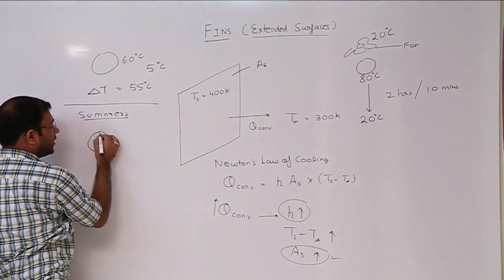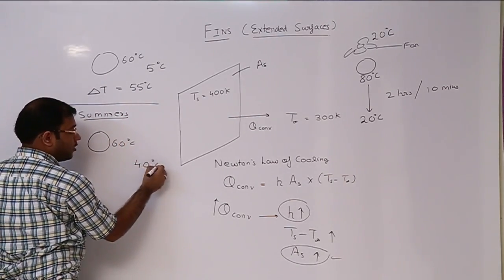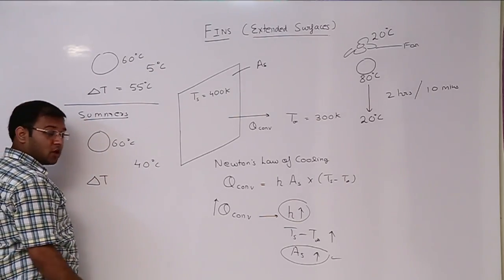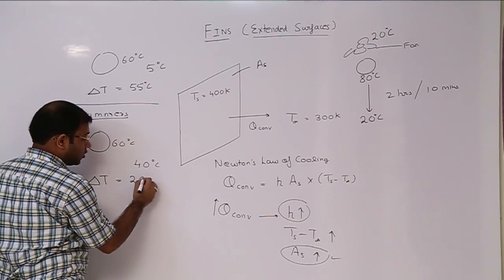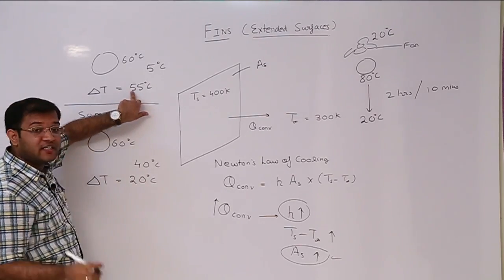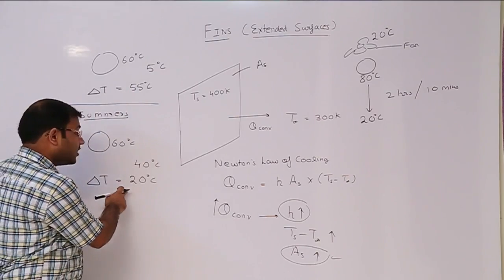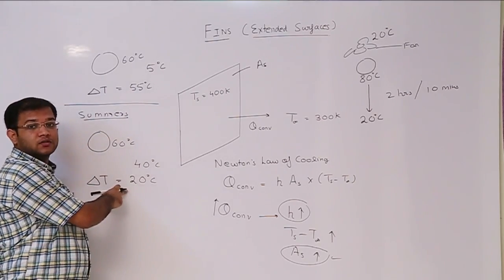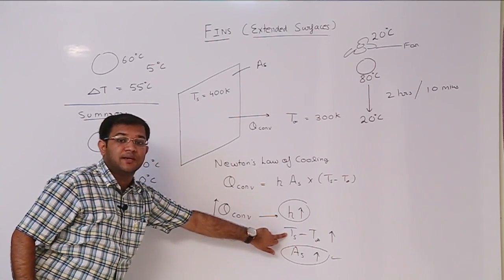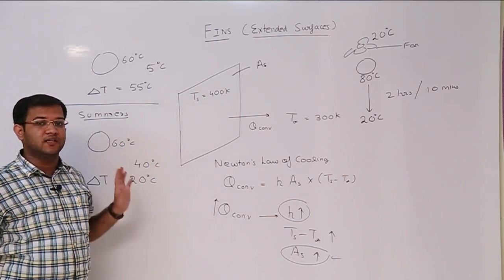The body temperature is 60 degrees Celsius, the surrounding temperature is 40 degrees Celsius. So the temperature difference is only 20 degrees Celsius. So heat transfer rates will be high in winter and low in summers. So we cannot increase the temperature difference in summers. However, this temperature difference is high in winters.